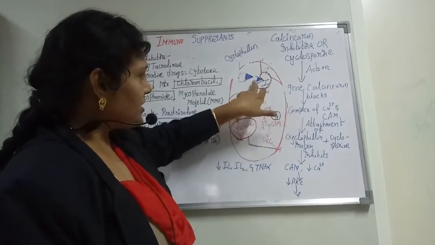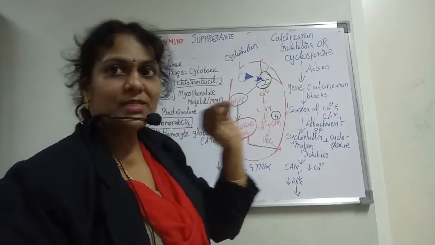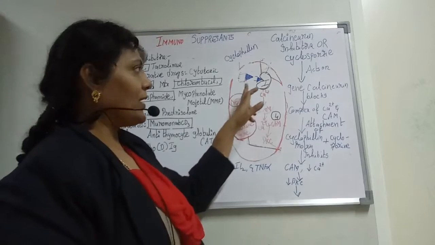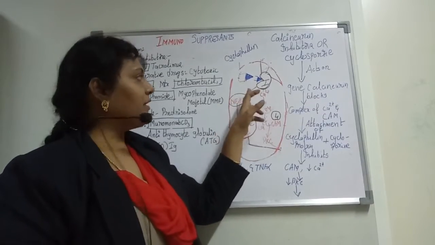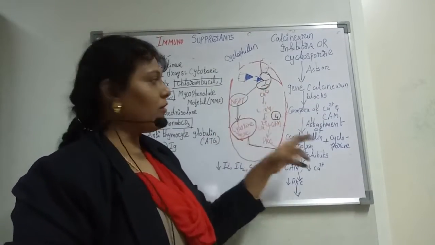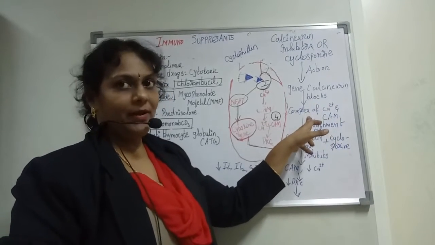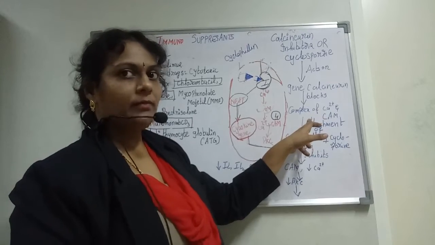And so once you see this is blocking, that means it is striking your calcineurin with the drug. And once the drug has been taken inside, it cannot give you the complexes, as I indicated over here, it is blocking your complex of calcium and CAM, nothing but your calmodulin.